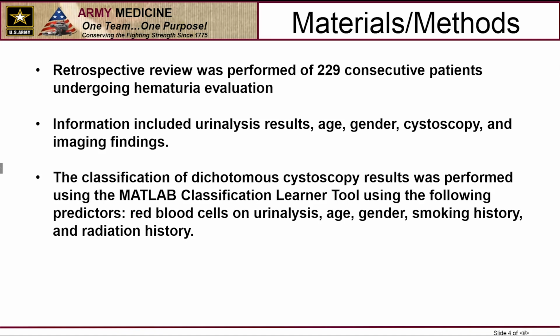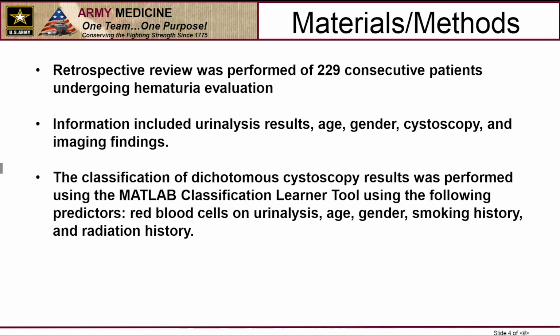So essentially, a retrospective review of 229 consecutive patients referred to urology for evaluation of microscopic hematuria was performed. Information that was abstracted included urinalysis results, age, gender, cystoscopy, and imaging findings, as well as other relevant risk factors.